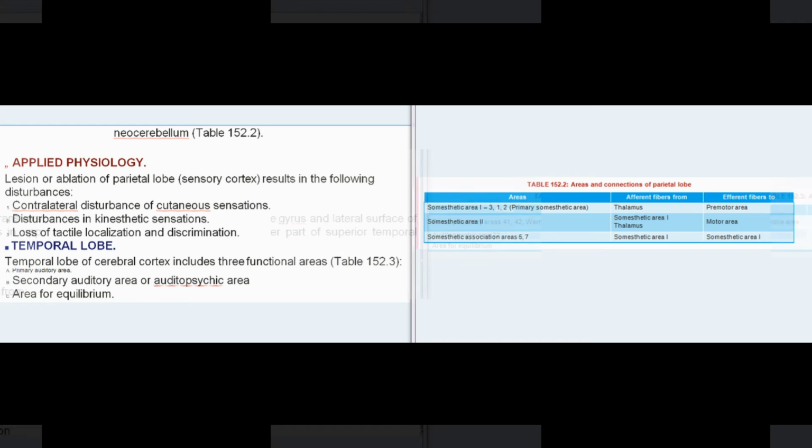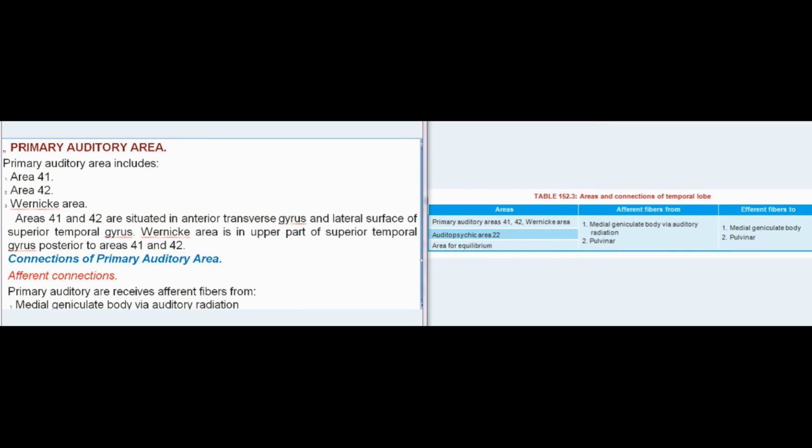Primary auditory area. Primary auditory area includes Area 41, Area 42 and Wernicke area. Areas 41 and 42 are situated in anterior transverse gyrus and lateral surface of superior temporal gyrus. Wernicke area is in upper part of superior temporal gyrus posterior to areas 41 and 42.